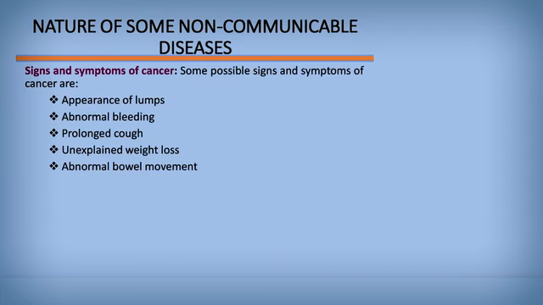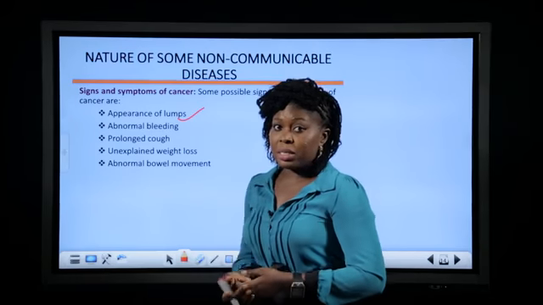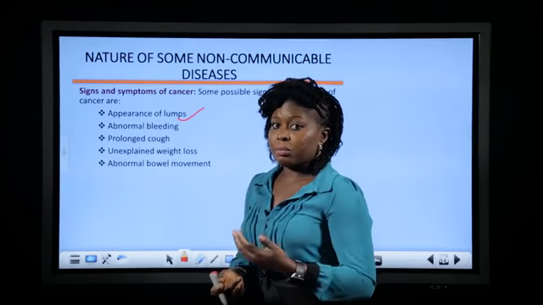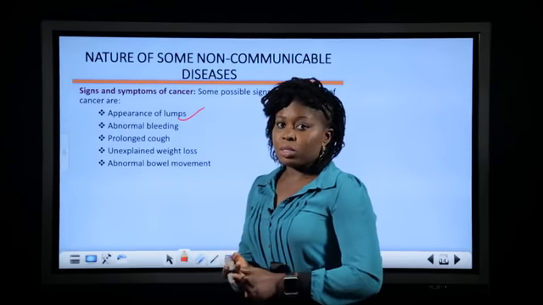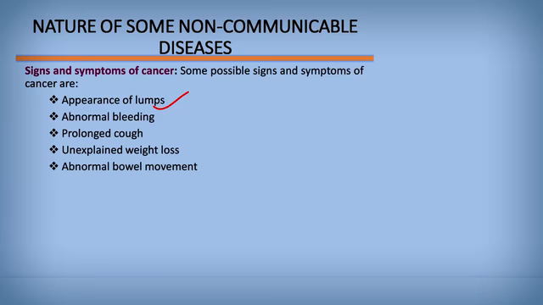What are some of the signs and symptoms of cancer? We have appearance of lumps. Most times, cancer shows by appearance of lumps, both the ones that can be seen and the ones that cannot be seen. Okay? For example, breast cancer most times shows as what? Lumps on the breast. Then we also have abnormal bleeding.